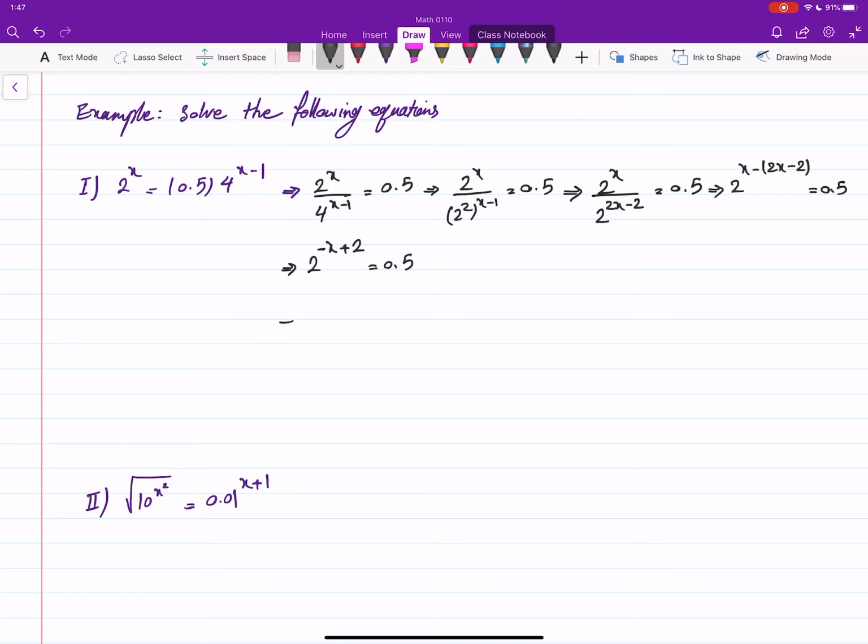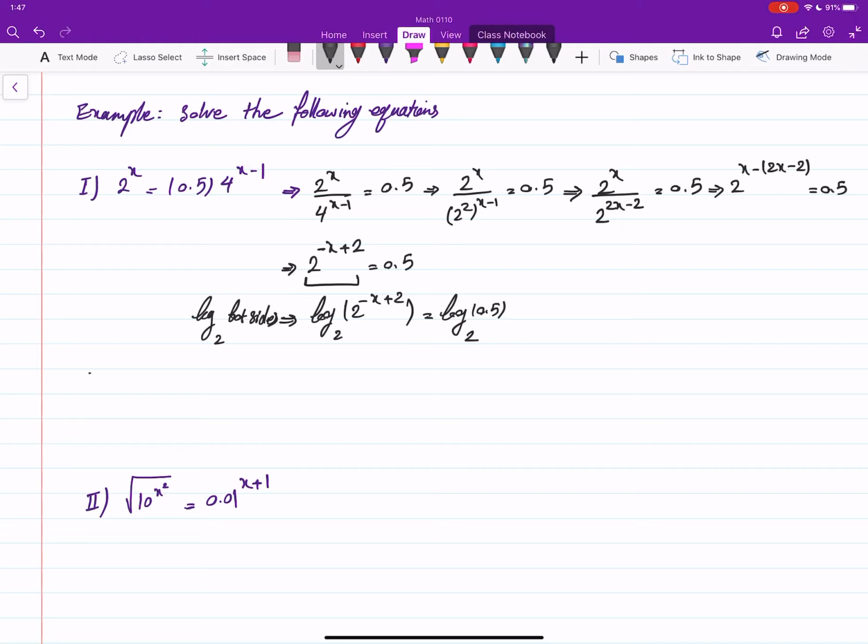Now, one side is one exponential term, the other side is a constant. Take log of the same base of both sides. This is log base 2 of 2 to the power, this is left hand side and this is right hand side.